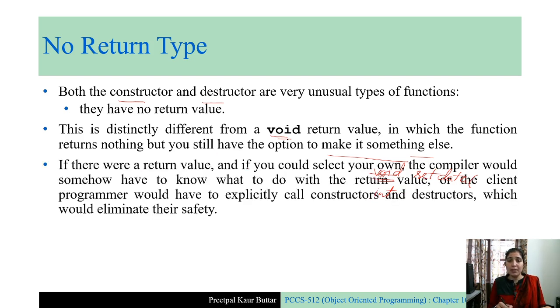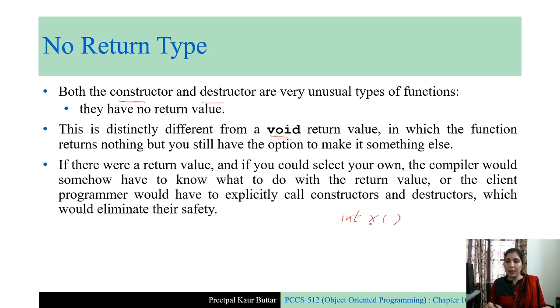If the constructors had a return value, and if you could select your own, suppose we could make it int x instead of just x, then the compiler would somehow have to know what to do with this return value.